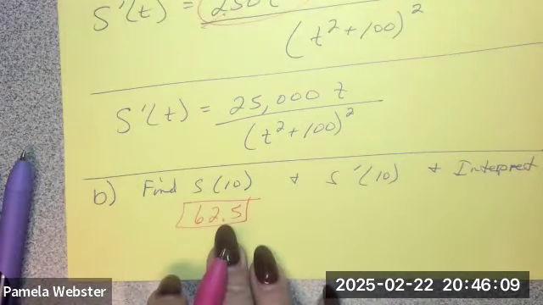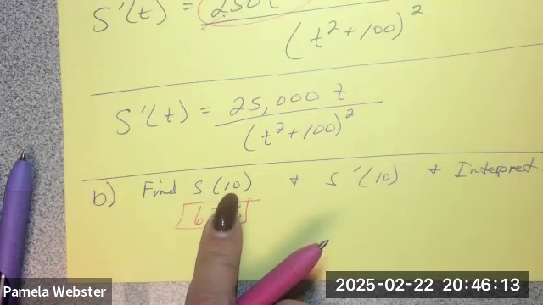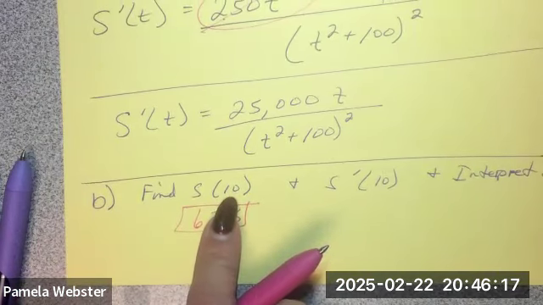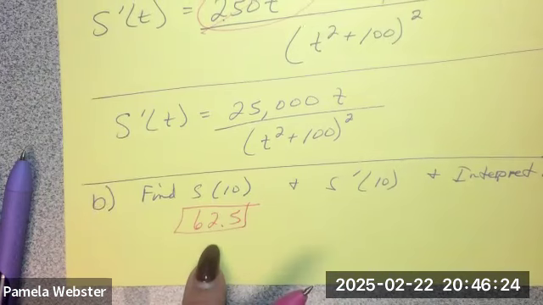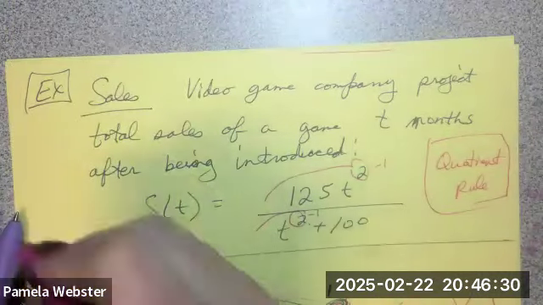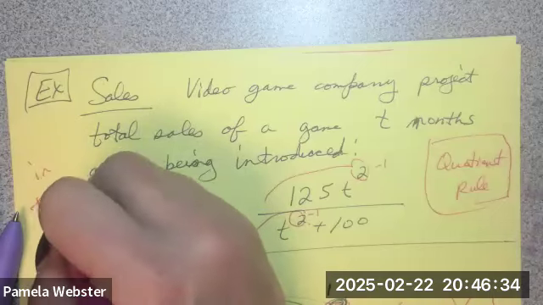Okay. Interpret that for me. This was time in months, right? T was 10. So 10 months after we release this particular video game, we're going to sell 62.5. I apologize because at the very beginning, I ignored the fact that in the problem, it said in thousands.